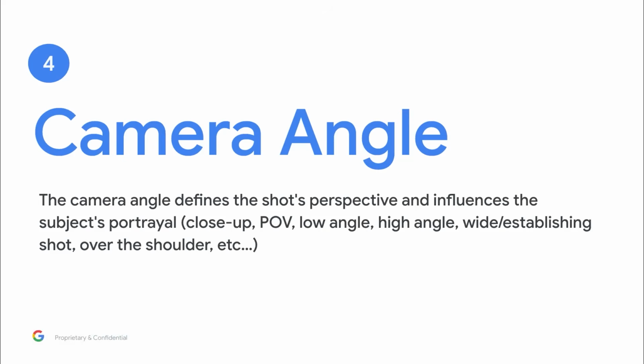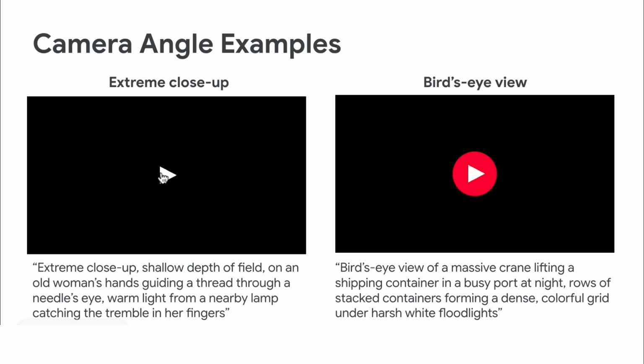This one's really fun. So camera angle, for all the creatives out there that are also developers looking to create this. This can really determine what the shot looks like. So lots of different camera pushes like close up, high angle, a drone shot, over the shoulder, anything like that can determine what the setup of your video looks like.